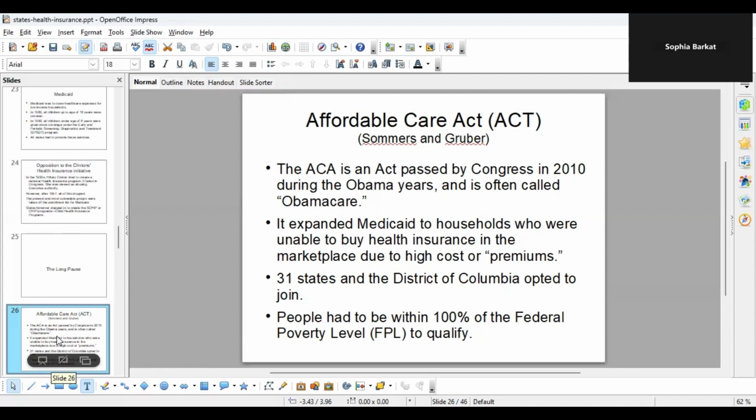But there were restrictions on who could join. People had to be within 100% of the federal poverty level to qualify. So there's such a thing as a federal poverty level at the household level, right? If you are not meeting those requirements, you can't join.